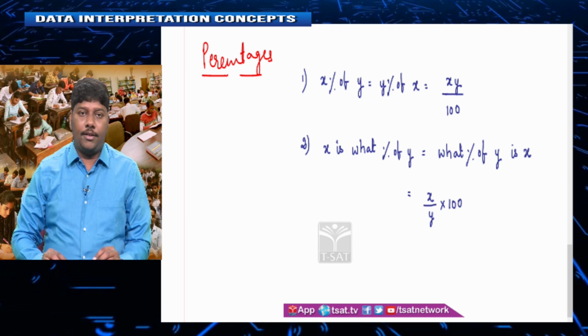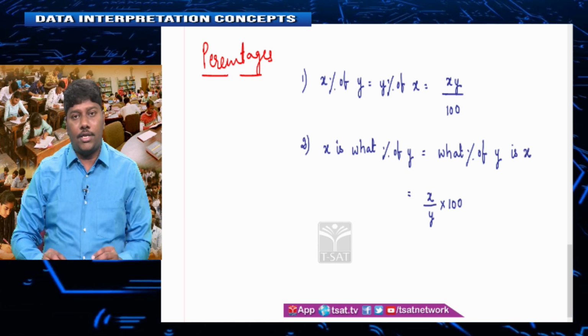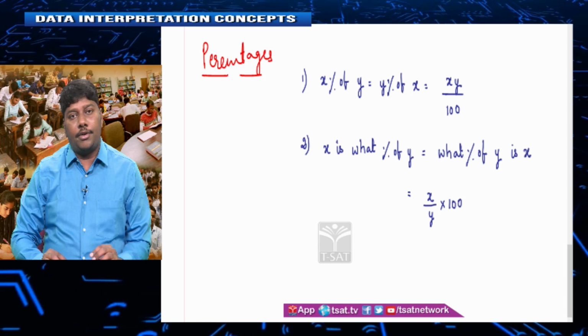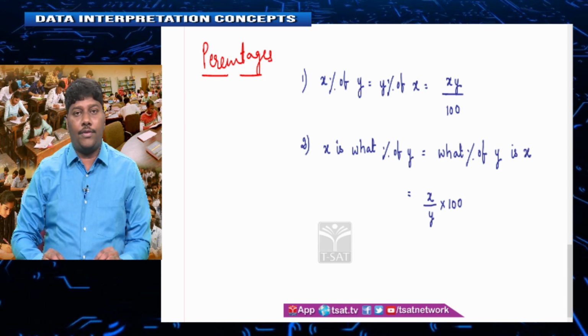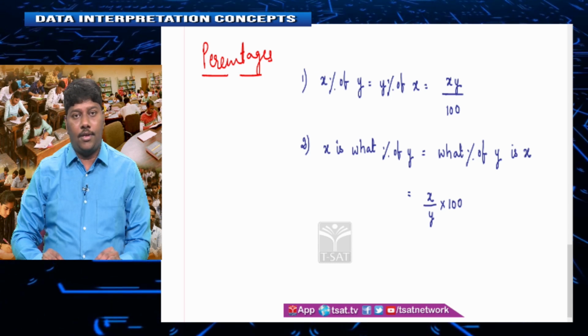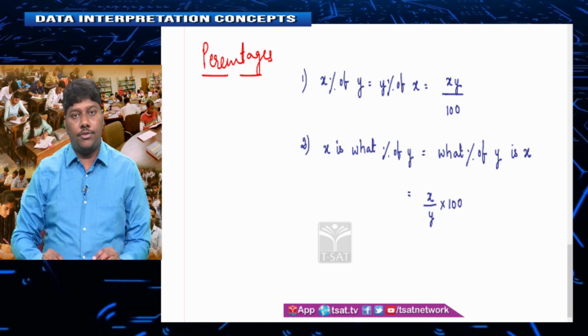They'll ask you to express 2015 as what percentage of 2020. Let's say your factory produces a certain number of cars in 2015 and a certain number of cars in 2020. They'll ask you the number of cars produced in 2015 is what percent of the number of cars produced in 2020.